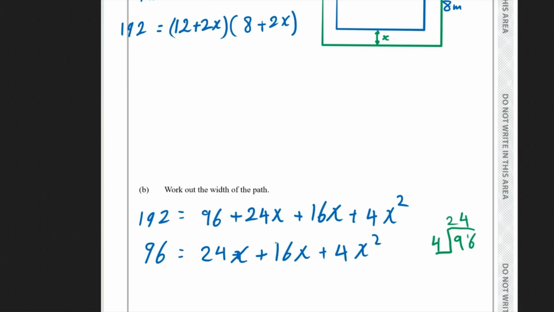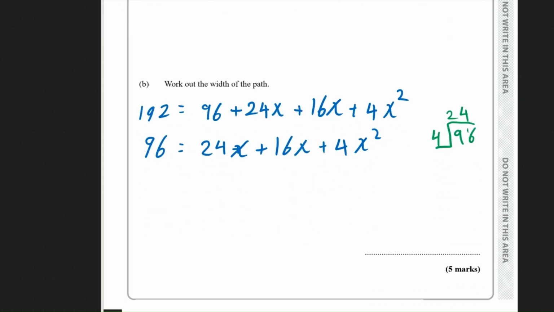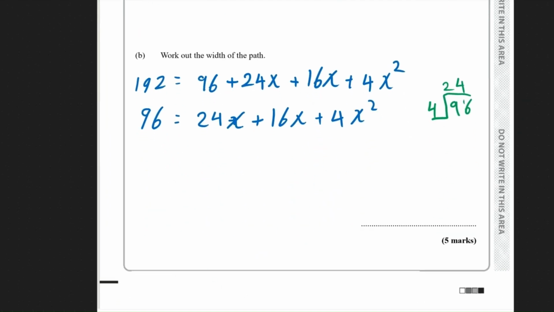If both sides and all terms can be divided by the same number, then it's a chance we have to take. So 96 divided by 4 is 24. 24x divided by 4 is 6x. 16x divided by 4 is 4x. And 4x squared divided by 4 would be x squared. Now we need to rearrange this equation to become a quadratic equation.